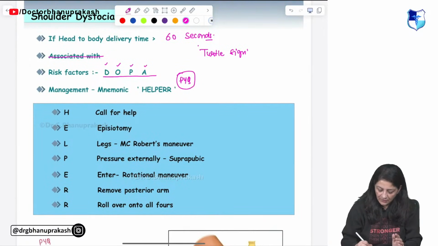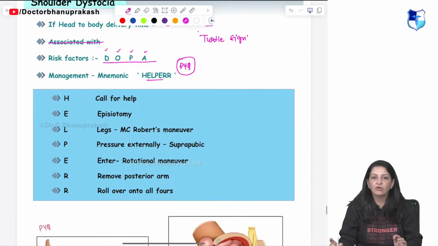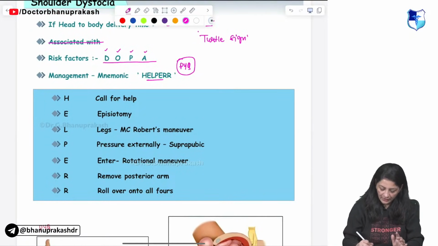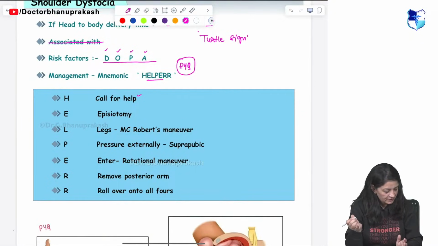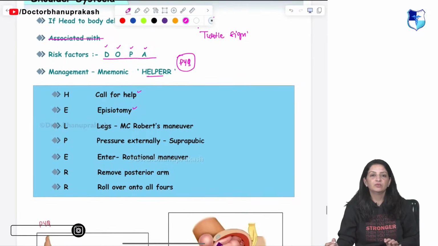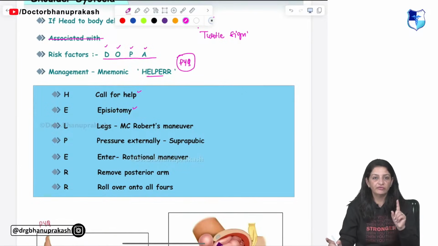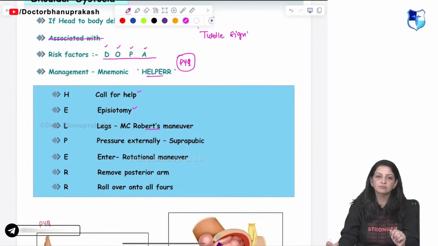Management: just remember the mnemonic HELPER. First of all, call for help. Then we have to consider episiotomy to increase the space. Then leg maneuvers. The most commonly used first maneuver in case of shoulder dystocia is McRoberts maneuver.